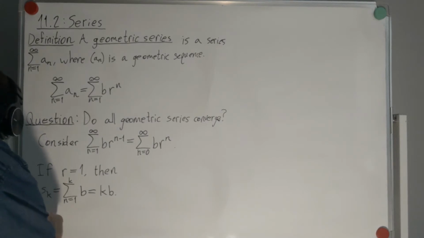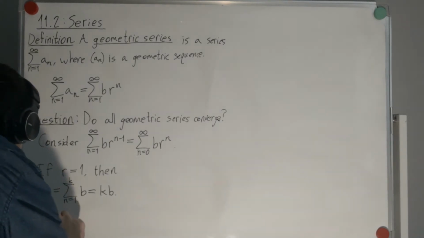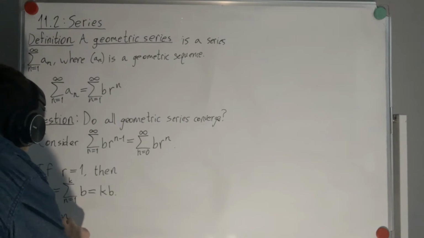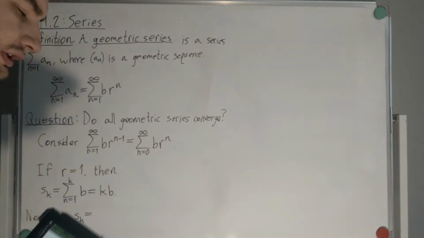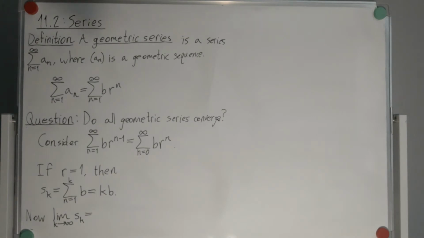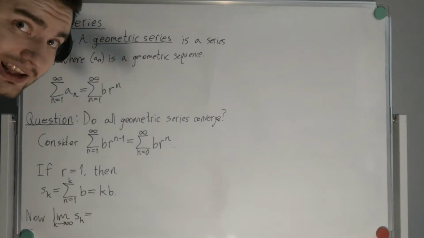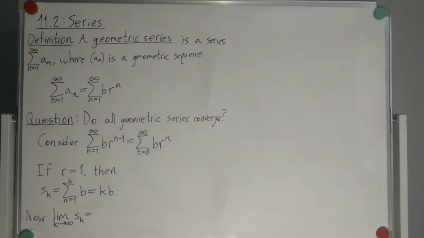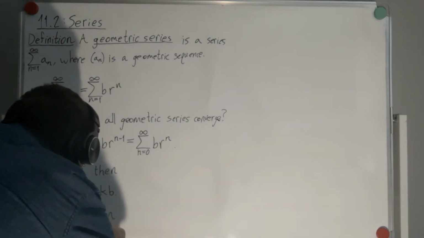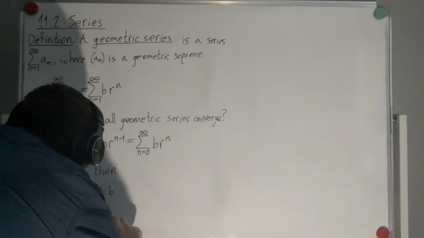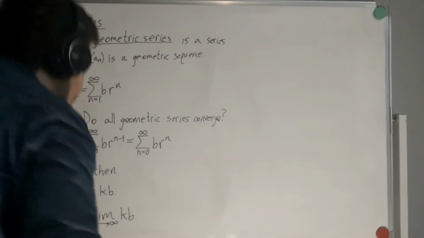So now, the limit as k approaches infinity of s_k, the limit of the partial sums, which by definition is what the sum of the series is, is the limit as k approaches infinity of k times b.